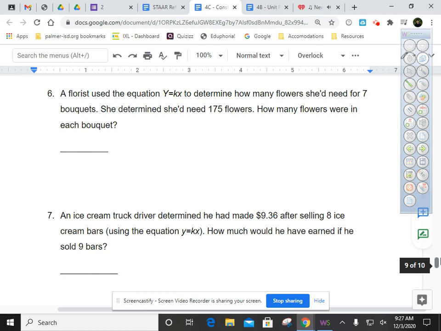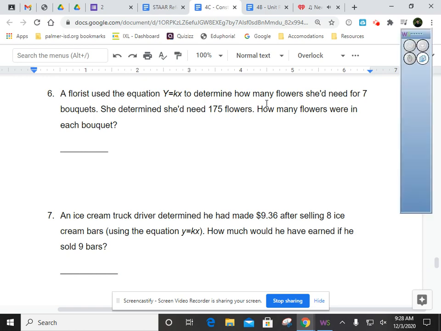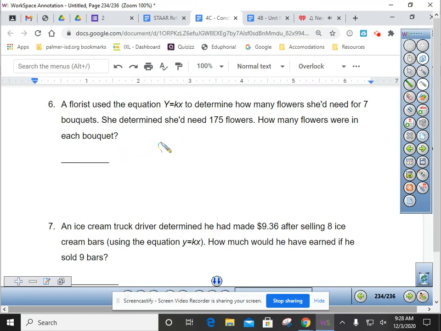How many flowers were in each bouquet? You do not have to use that formula they tell you. You can write a proportion. What are your words? Flowers and bouquets. I'm going to show you how it turns into this in a minute.